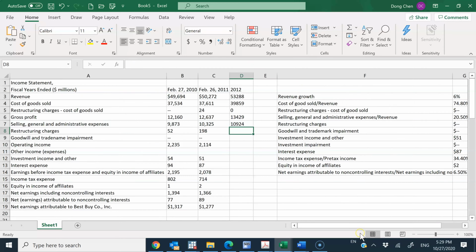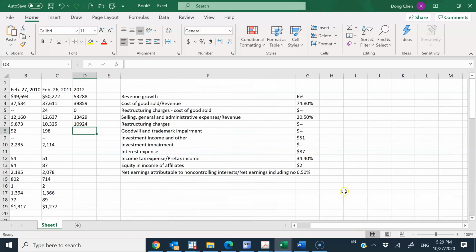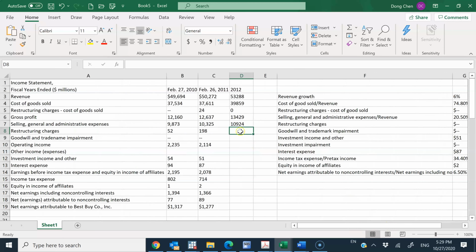Restructuring charges also doesn't have any information, so we just leave it as 0. Goodwill and trade name impairment also has no change, so it's 0.